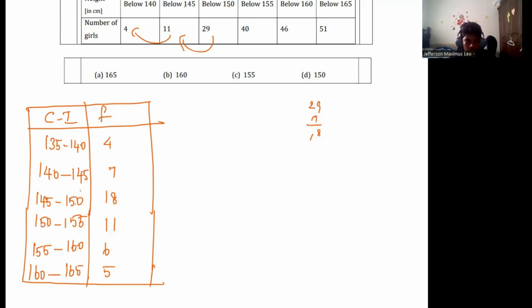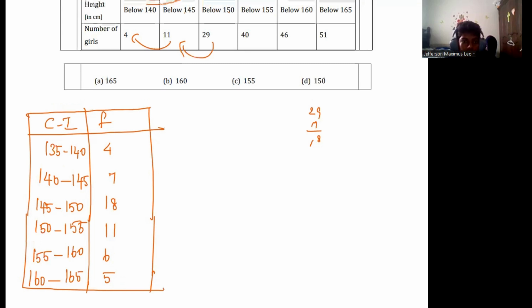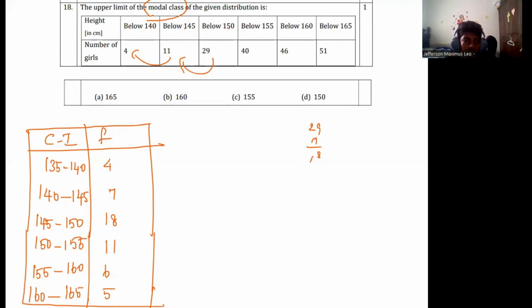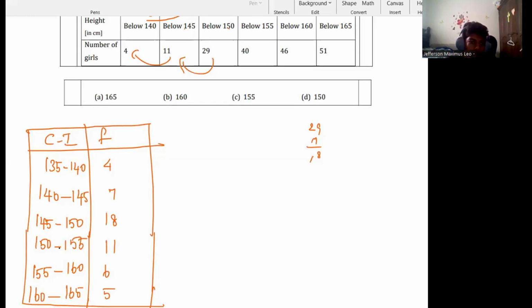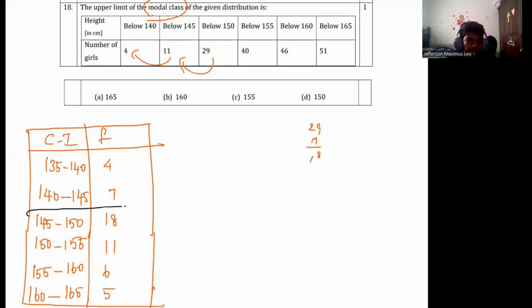What does the question ask for? The upper limit of the modal class. Now highlight the modal class, the one with the highest frequency. The class 145 to 150 has the highest frequency, 18.